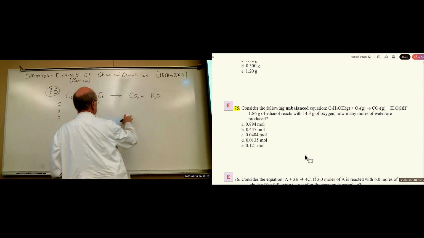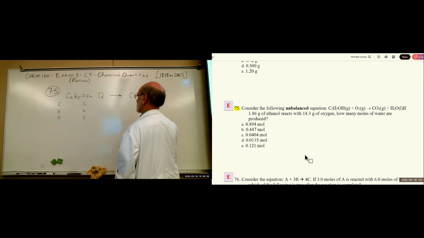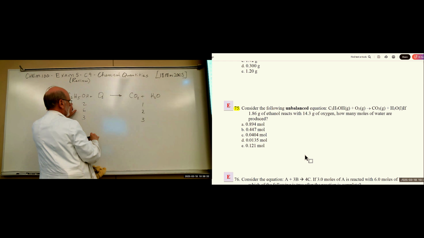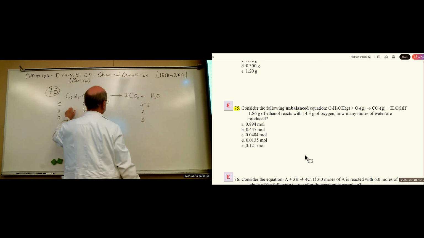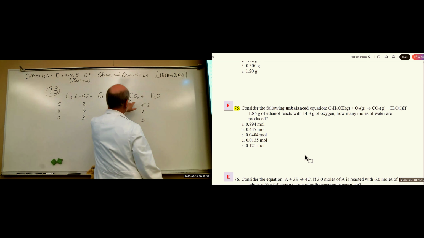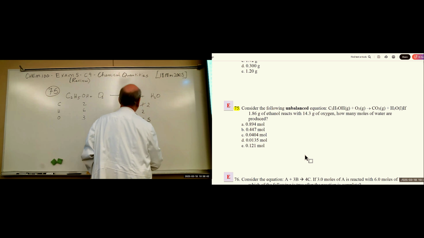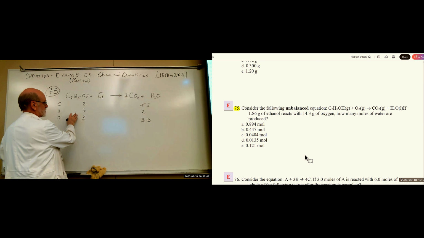On this side, 1, 2, and 3. Okay. We'll start with carbons. The 2 here. And that changes to 4, 5 oxygens. Okay. And then hydrogens, we need 6 on that side.